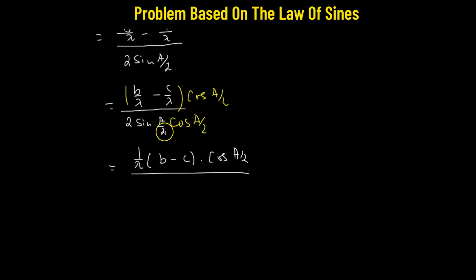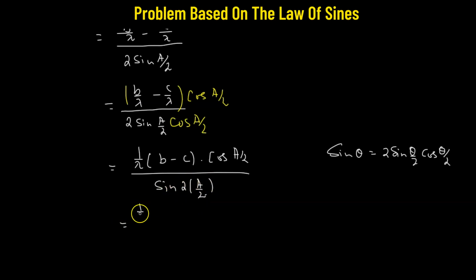Now, we can use the half angle formula here, which states that sine theta equals 2 times sine of theta over 2 times cosine of theta over 2. So here theta is represented by angle A, and we get sine A in the denominator. We have 1 over lambda multiplied by (b minus c) times cosine of A over 2, whole divided by sine A. Now what is sine A?